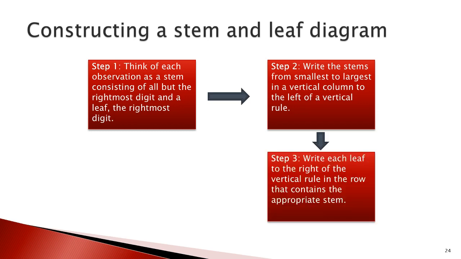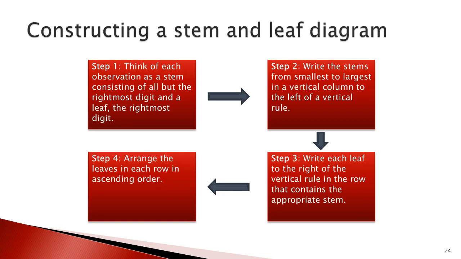The third step is to write each leaf to the right of the vertical line in a row that contains the appropriate stem. And finally, the fourth step is to arrange the leaves in each row in ascending order. These are the 4 steps of constructing a stem and leaf diagram. Let's move to an example and see whether we can construct one.